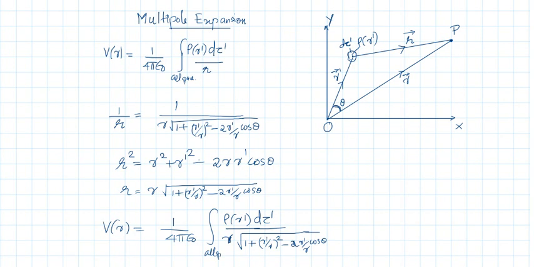It can be taken outside the integral. So this becomes 1 by 4 pi epsilon 0 r. Because this r is the distance from the origin, irrespective of the point at which you are calculating the potential or the charge density due to which you are calculating the potential, this distance from the origin to the point is constant.